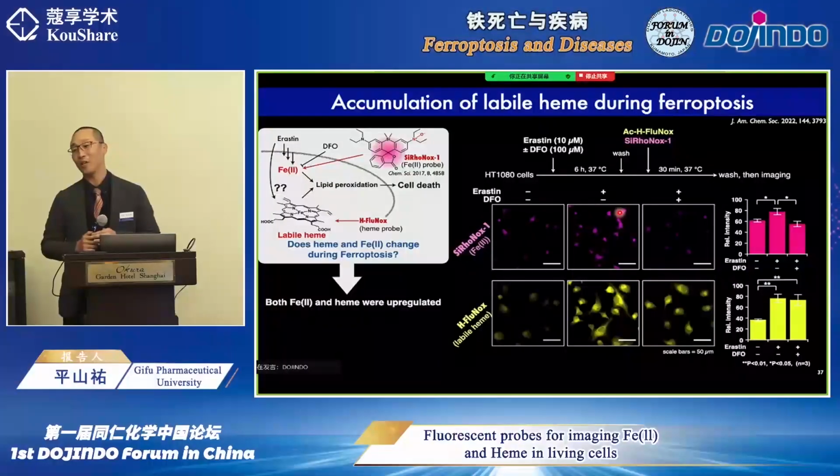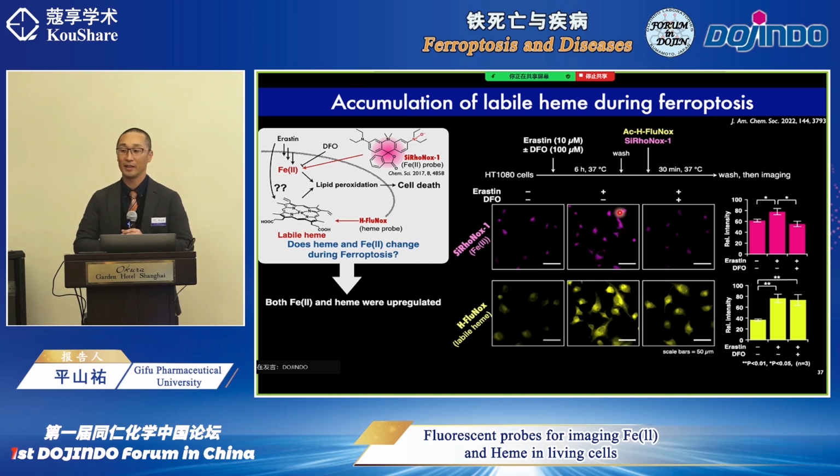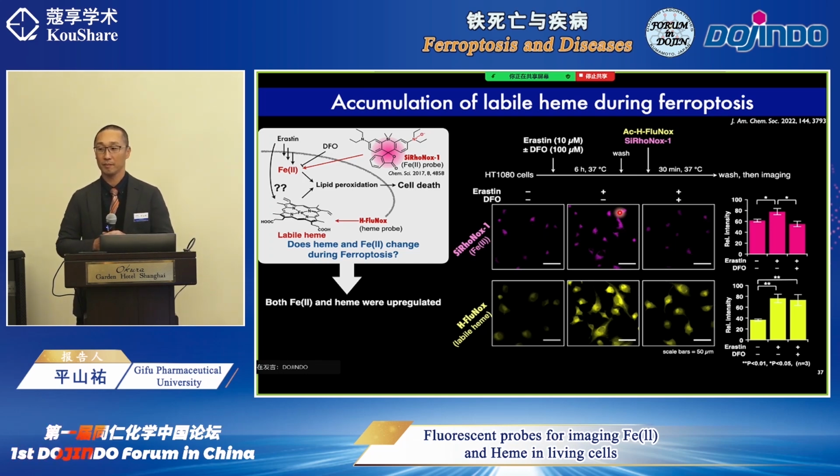But I have no idea why heme is upregulated. Maybe because the cells are going to die, the heme binding proteins won't bind so tightly, and then just release it, and that makes your heme signal stronger. I'm not very sure, just a guess.